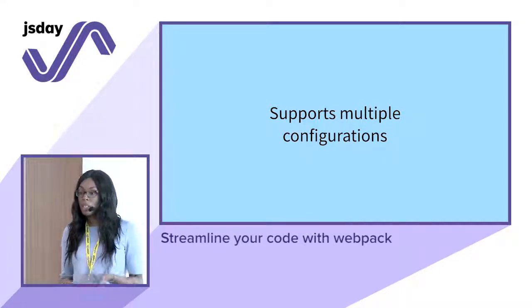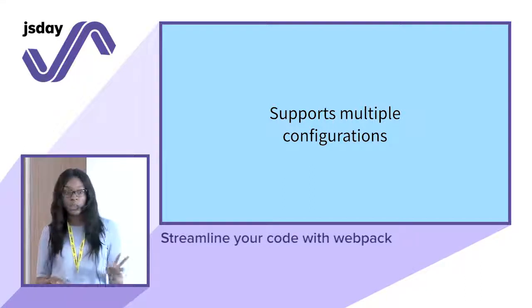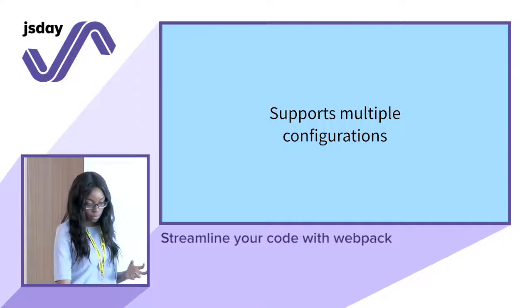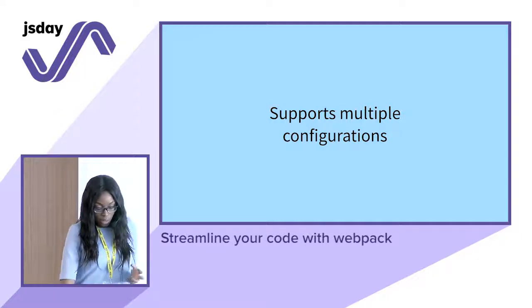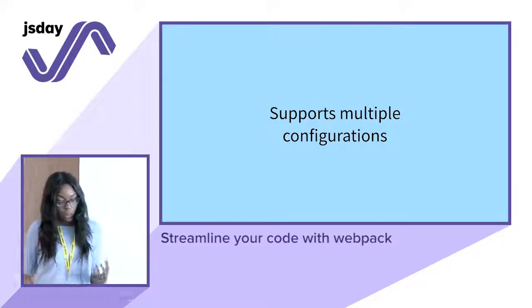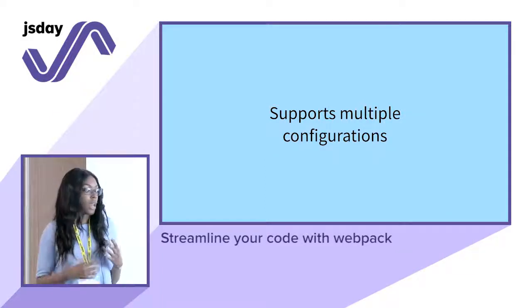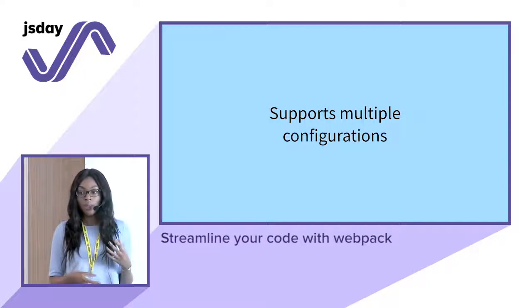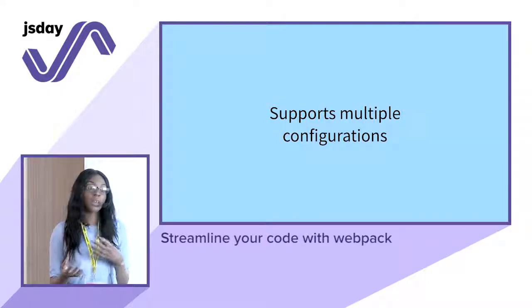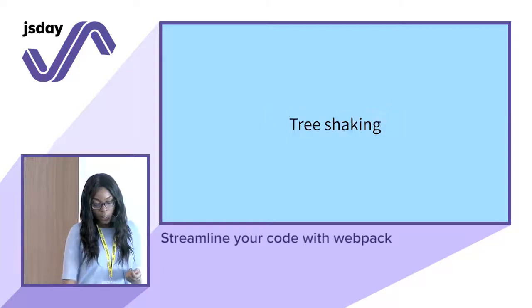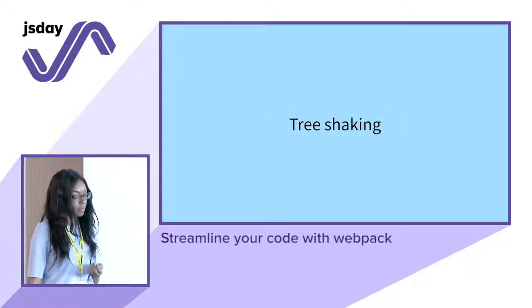And Webpack makes it really easy to do that just by making two configuration files that treat our code differently. And then at build time, Webpack will create those bundles. And then it's up to us to decide how we choose to serve our learners the old versus the newer bundle. Another great thing about Webpack is tree shaking.